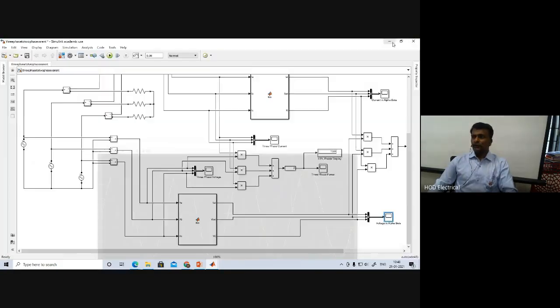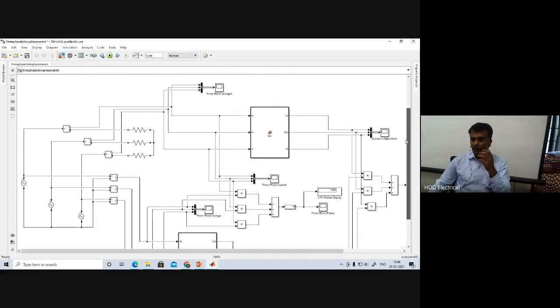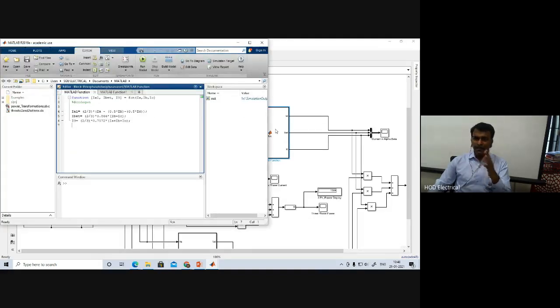So with this, we can do another one. Already we know how to convert from ABC to alpha beta. Now in some cases, we should convert alpha beta to ABC also. At that time we have to take the inverse of this matrix. Then we have to do the same procedure with the inverse of the matrix.